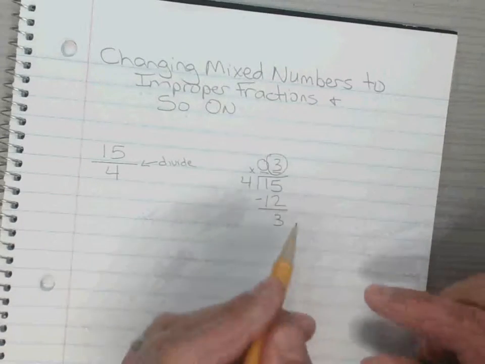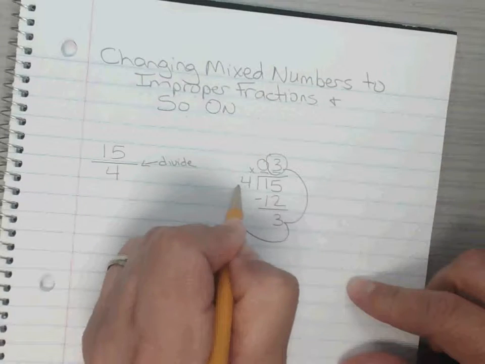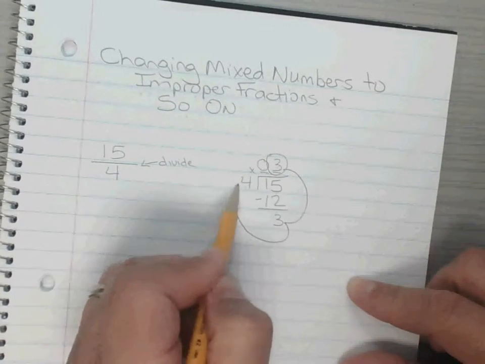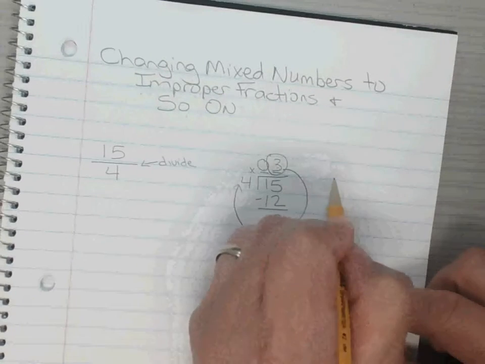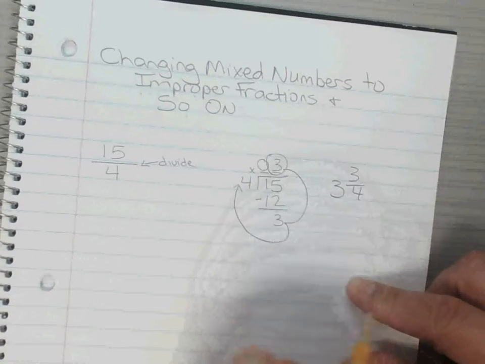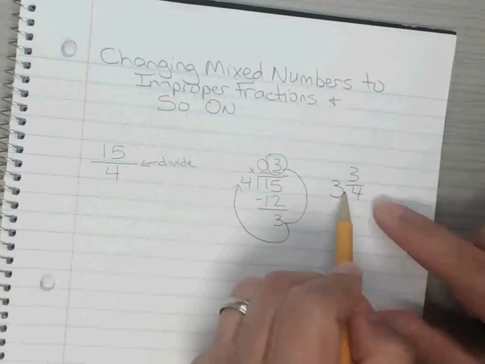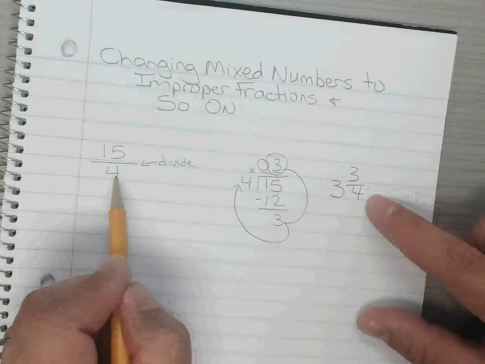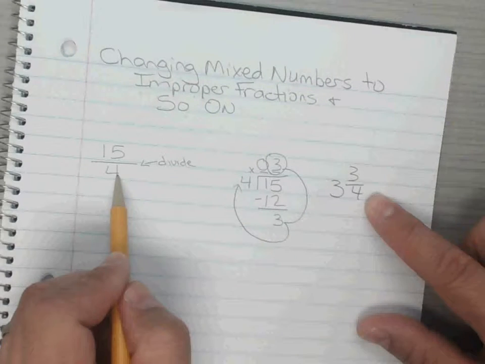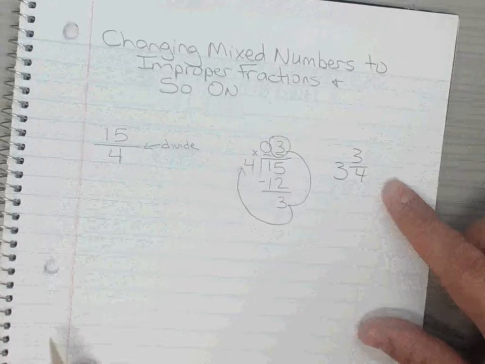So my new mixed number, and I like to do a little what people call the popcorn method, 3 and 3/4. So I can write my new mixed number as 3 and 3/4. So 15/4 is equal to 3 and 3/4. And notice the denominator always stays the same when we're changing mixed numbers to improper fractions or improper fractions to mixed numbers.